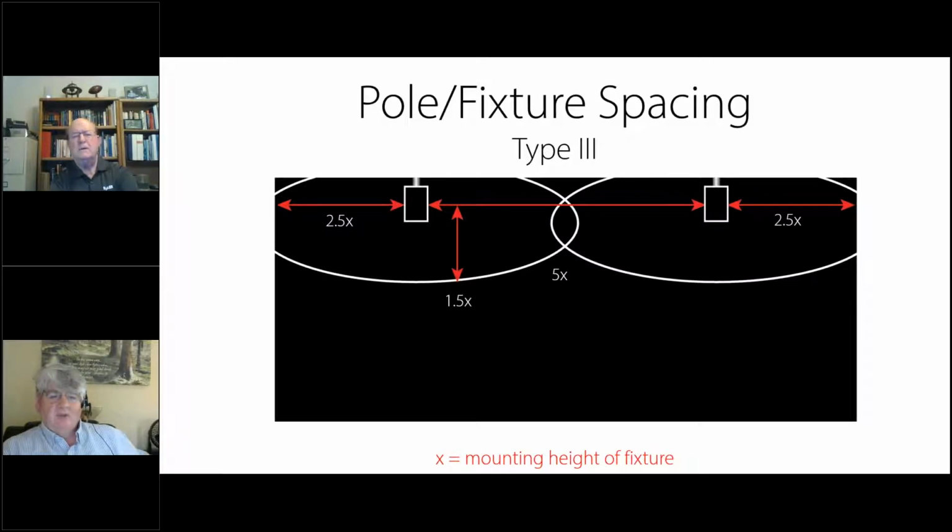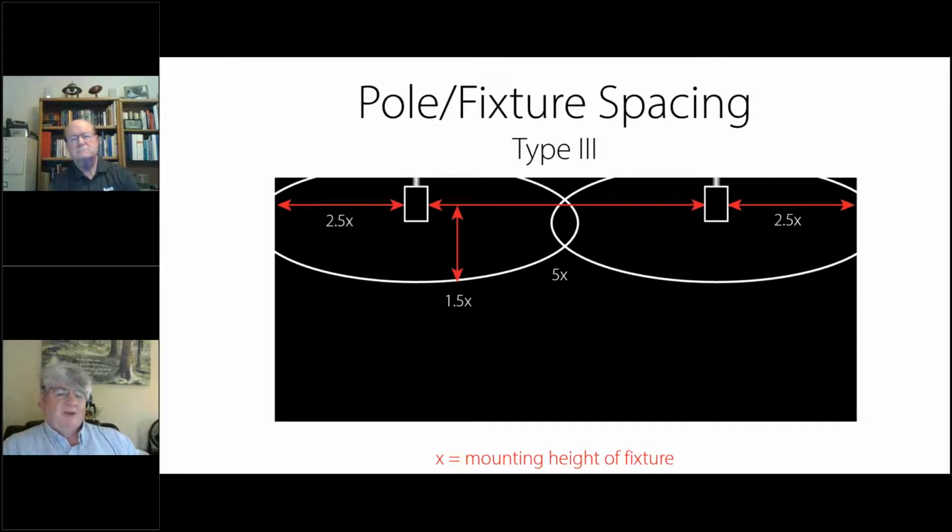If you think about the output from a fixture, the amount of light you can get out of the fixture is pretty constant from the source, but we can shape it as it comes out of the fixture to either go side to side maximum or go to the front maximum. And so it's shortening up the sides, it's pushing a little more out to the front. So our spacing went from 6 to 7 times down to 5 times the mounting height.